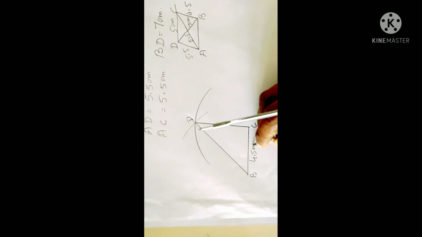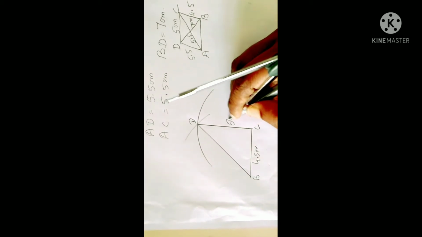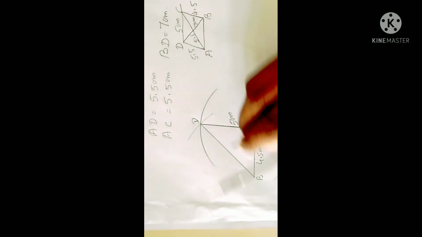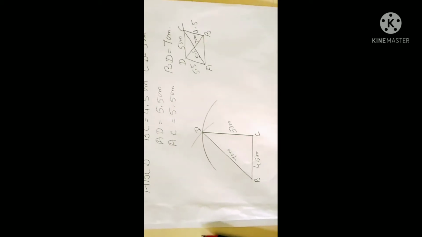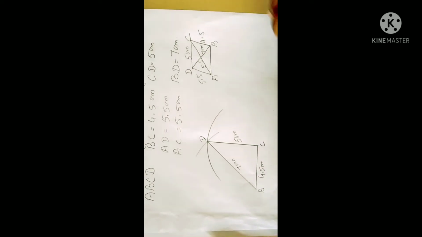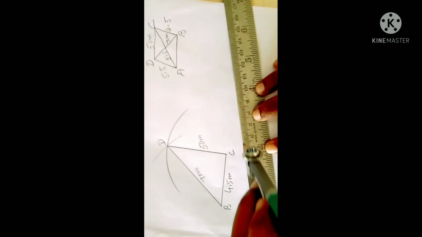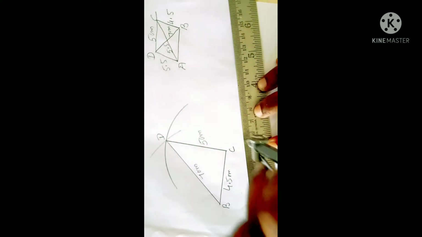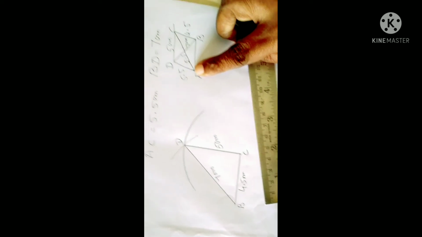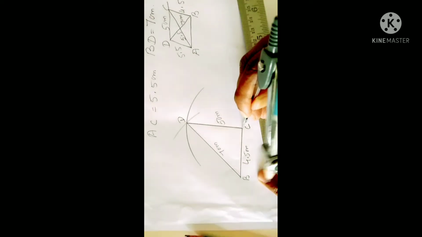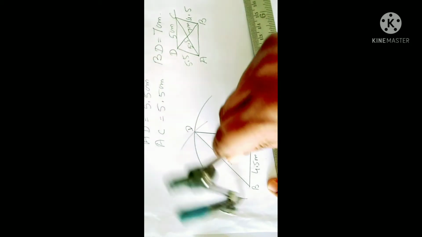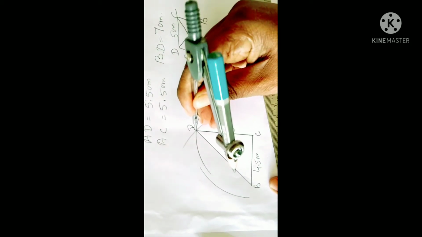Now this is BC is 4.5 centimeter, and then you have CD which is 5 centimeter, and then you have BD which is 7 centimeter. Now you have to find out the point A, which is 5.5 centimeter away from both the points. So let us take 5.5 in the compass, and from D and C, both it is 5.5. So we will draw 5.5 centimeter here, and from D also you will take 5.5.